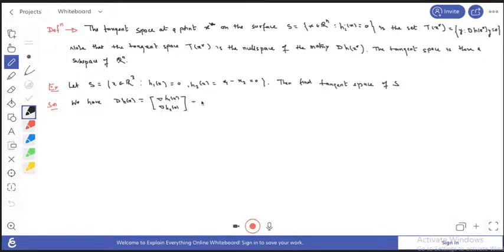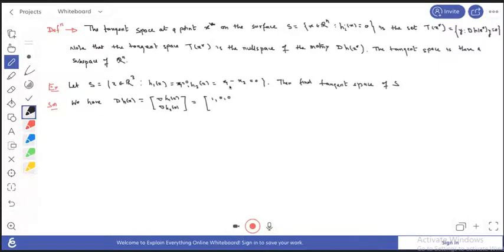So what is the gradient of h1? Suppose h1(x) is equal to x1. If you differentiate with respect to x1, this is 1, x2 is 0, x3 is 0. This is the first term.